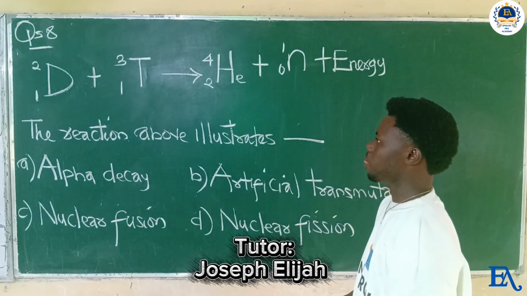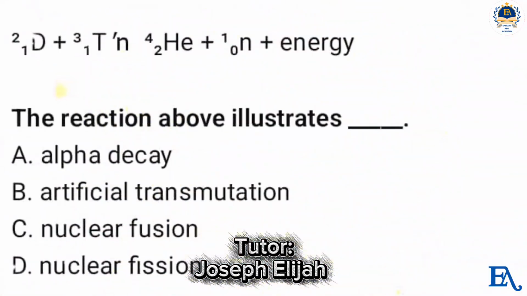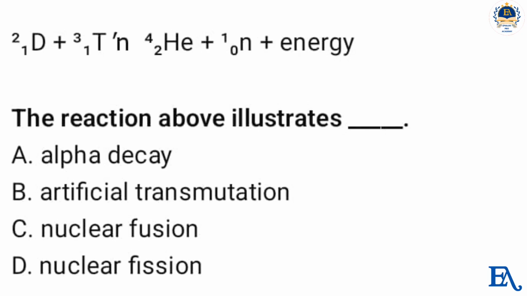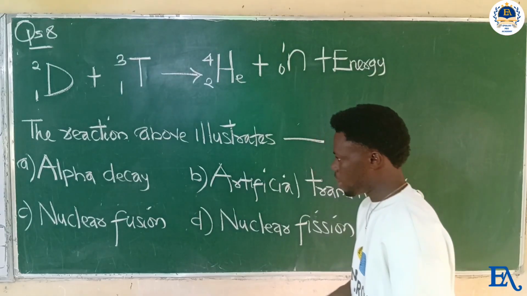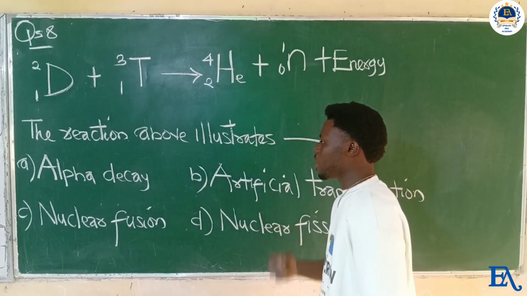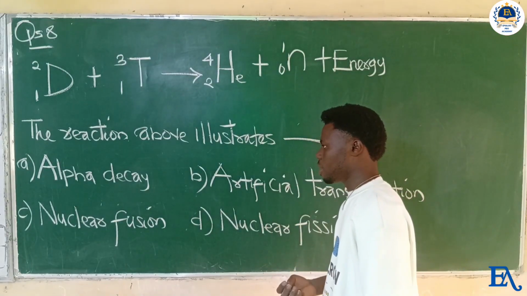Question number 8. Consider the reaction above. The reaction above illustrates dash. Option A, alpha decay. Option B, artificial transmutation. Option C, nuclear fusion. And option D, nuclear fission. Let us consider the options again. Option A, alpha decay.